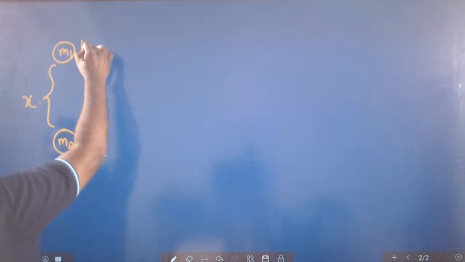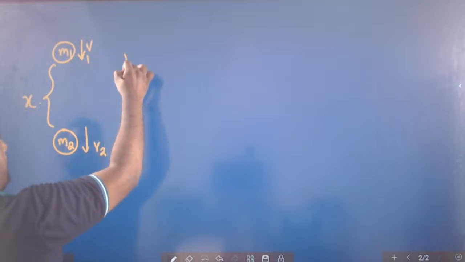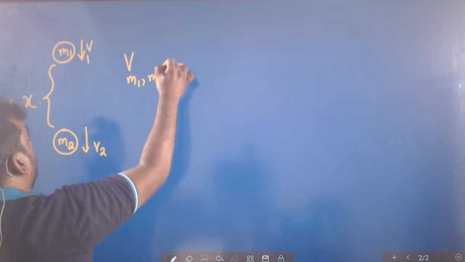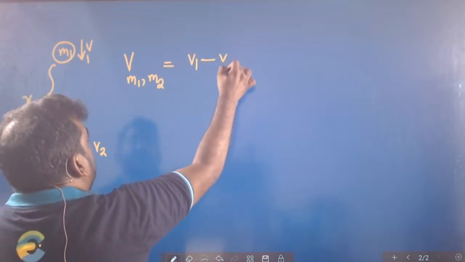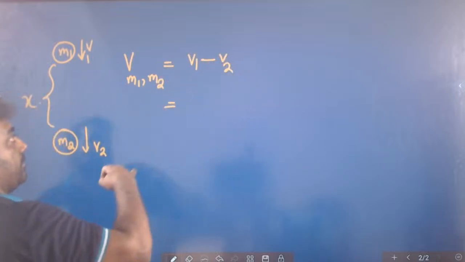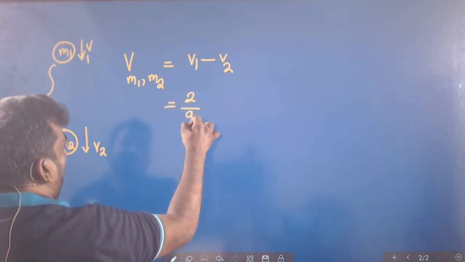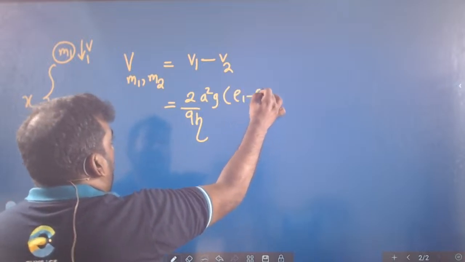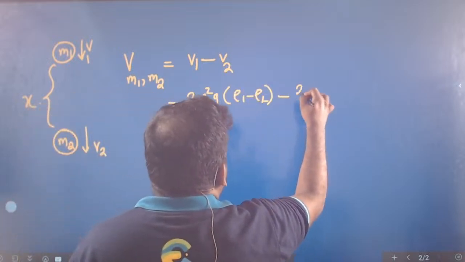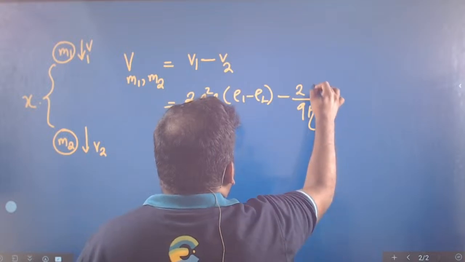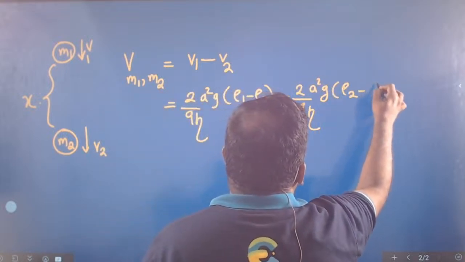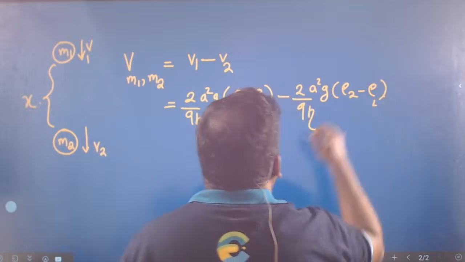So we can say the velocity of m1 with respect to m2 is v1 minus v2. v1 is 2/9 eta a squared g, rho 1 minus rho l, minus 2/9 eta a squared g, rho 2 minus rho l.